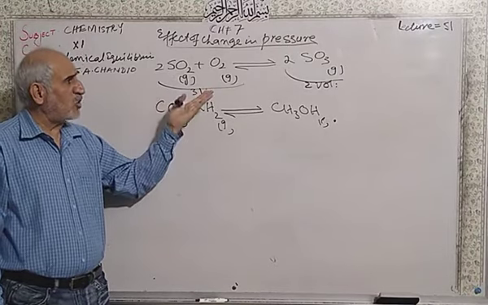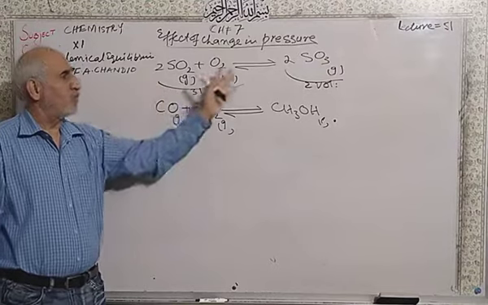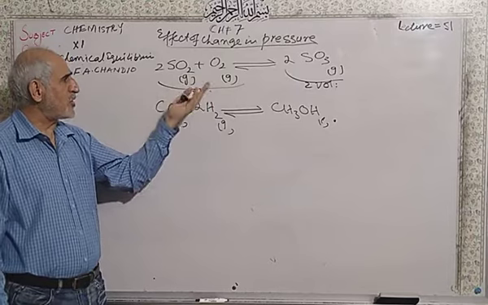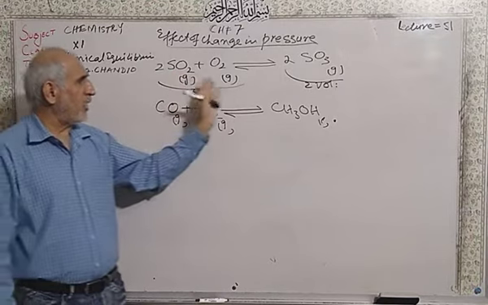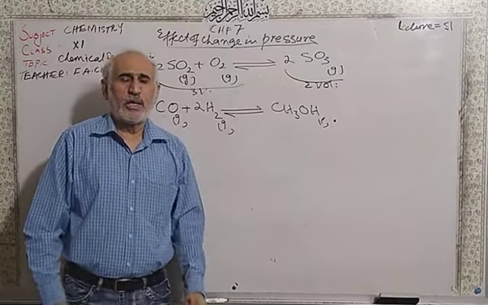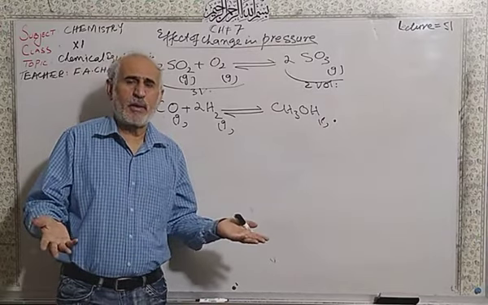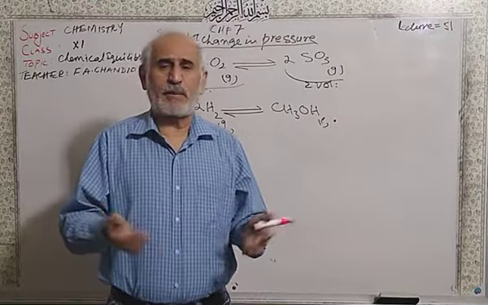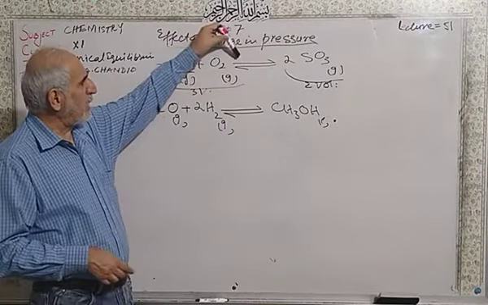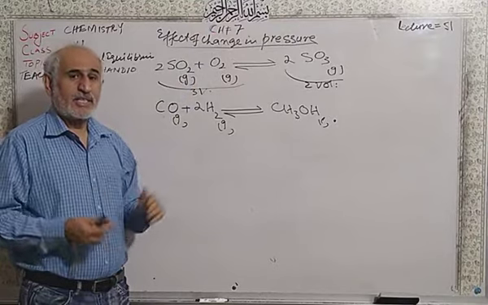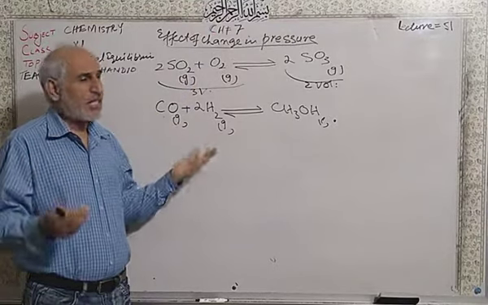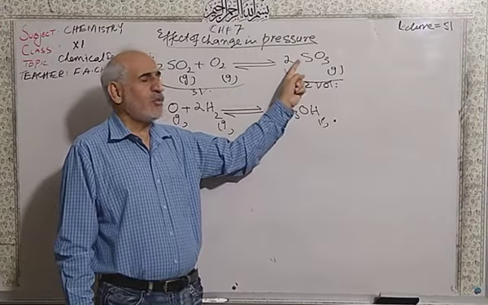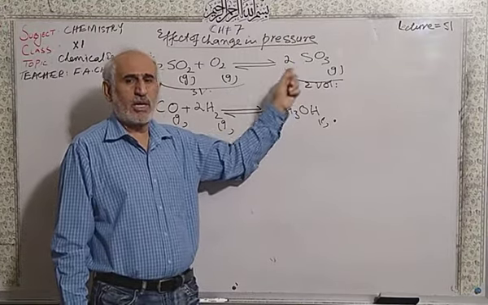This is the equilibrium, please. It means in the equilibrium system, 3 volumes are for the reactant and 2 volumes for the product. Now if we are going to disturb it, according to Le Chatelier's principle, by increasing the pressure, the system will move to that side where the number of volumes or number of moles is smaller.